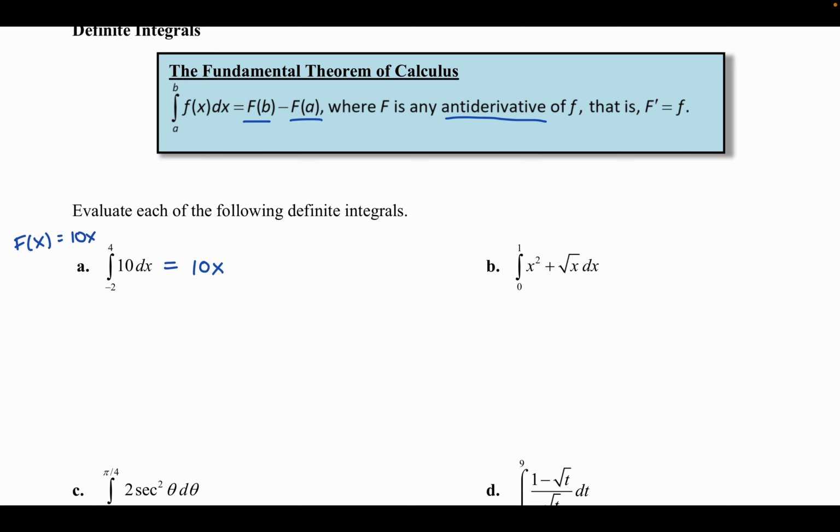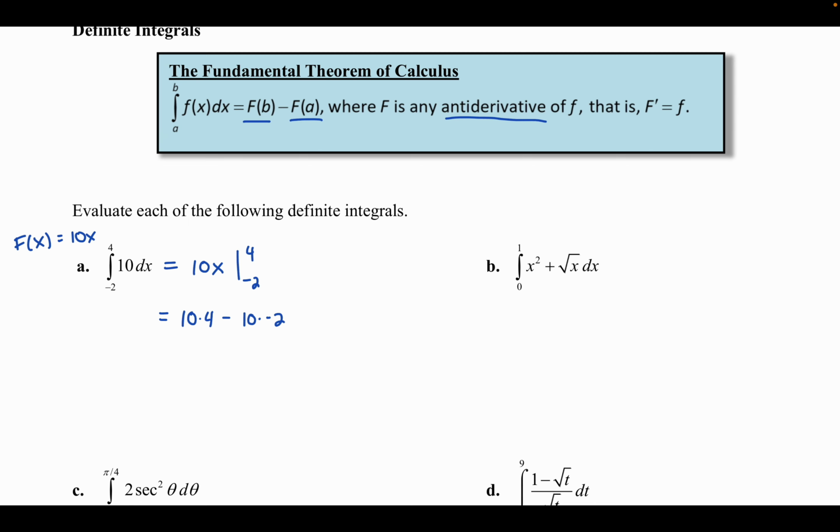And we have fancy notation for this. We have a bar, which we've used before, evaluated at -2 to 4. What this means is first I plug 4 into the function, and then I subtract off the same function plugging in -2.